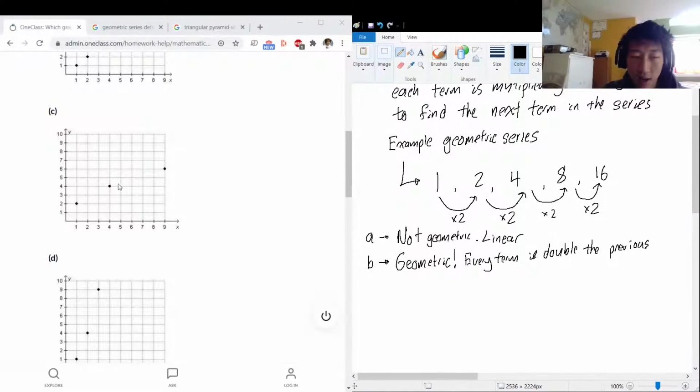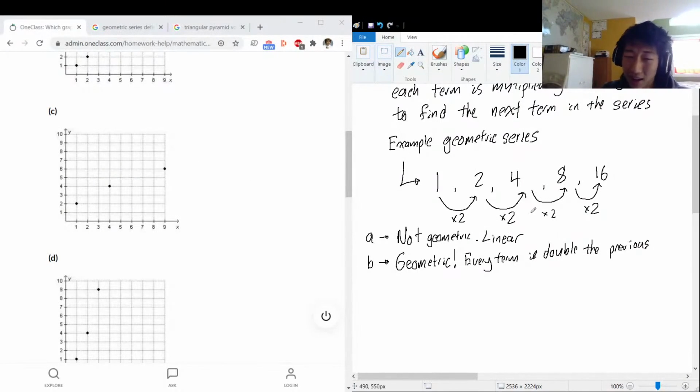Then on the next term we have a height change of positive 2 and a horizontal change of 5. This is going to be growing at a smaller rate, which is not what we observe with geometric series. In geometric series, the deeper into your sequence you are, the faster the growth rate between terms becomes. And here, we don't really see that pattern.